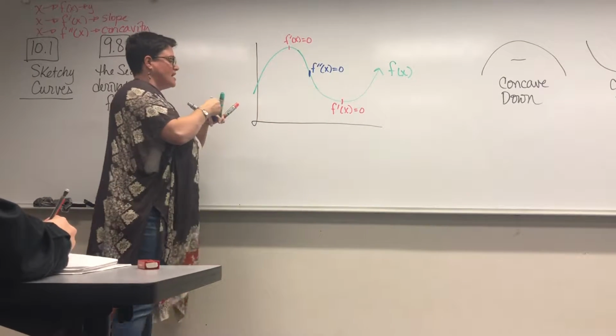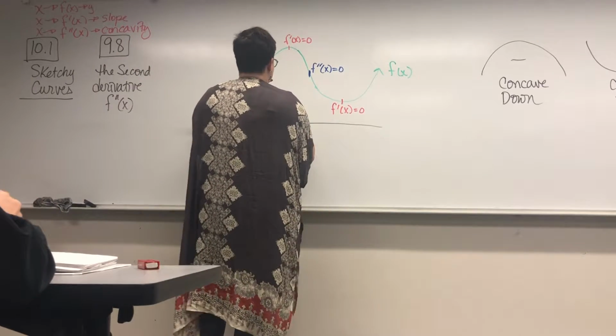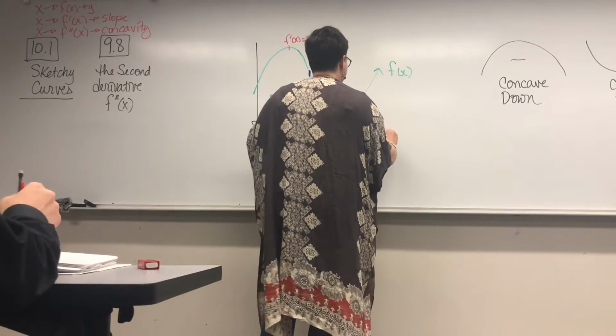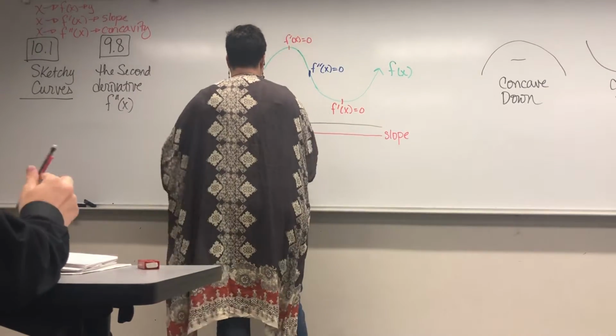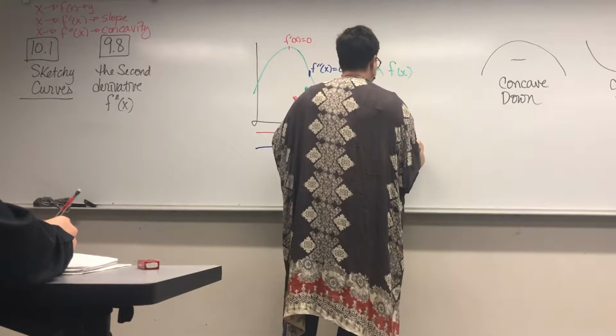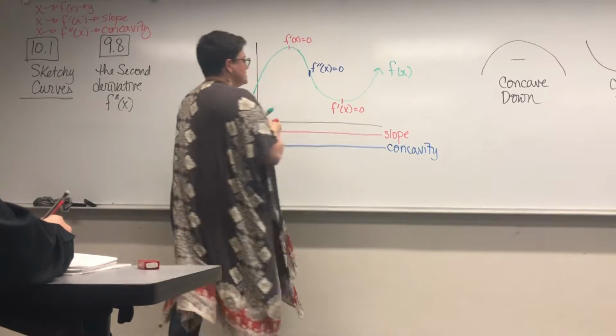So I want you guys to look at this function, and I want you to use slope and concavity to redraw it. Let me show you what I mean. So let's start with slope.